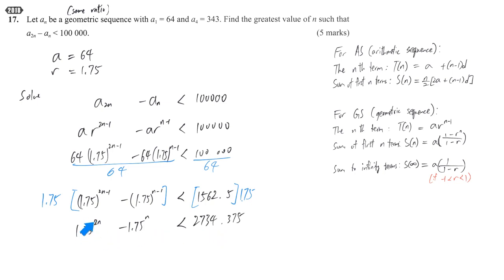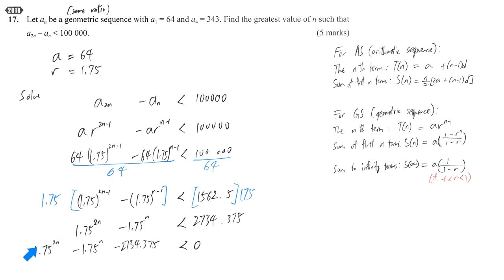Because the powers are 2, 1, 0 in the ratio, that means without 1.75. So therefore, I try to put everything on the left hand side: 1.75 power 2n minus 1.75 power n, and then minus 2734.375, smaller than 0. We create one side equal to 0.